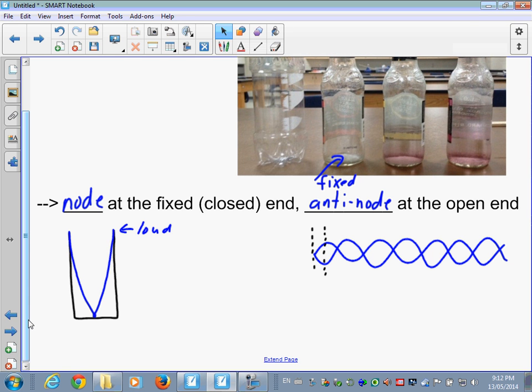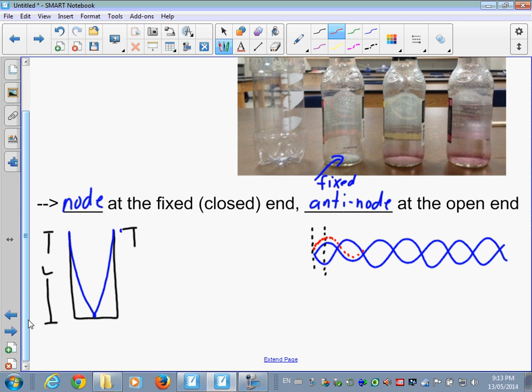So the derivation looks pretty much the same as last one, except you're going to notice that the pattern is going to be a little bit different. So here's the length of your tube, and let me get rid of this, that's not really needed anymore. You're not getting a half wavelength anymore. So this whole thing, let me draw this in red, starting from here on our standing wave, that's a full wavelength.